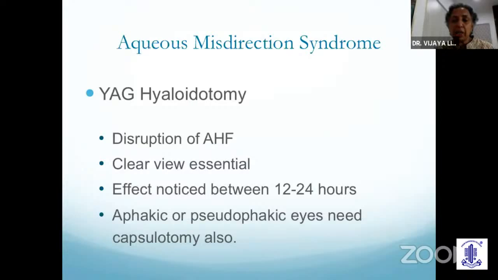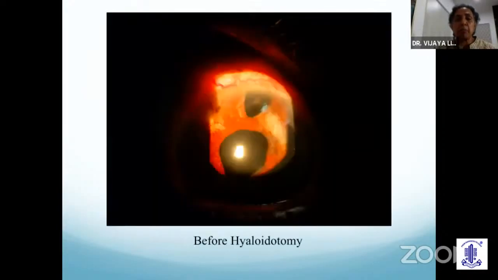If you want to do the hyaloidectomy, a clear view is very essential. Usually, when you do the YAG laser anterior hyaloidectomy, you have to wait at least 24 hours for the effect to happen. And if the eye is pseudophakic or aphakic, a posterior capsulotomy is also needed along with the anterior hyaloidectomy to establish a communication between the posterior segment and the anterior segment.